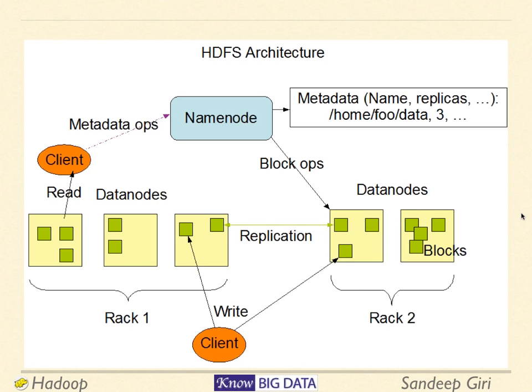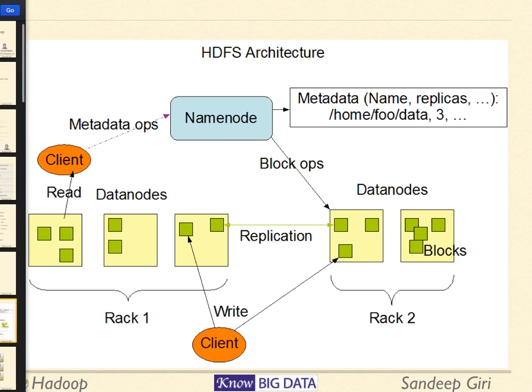That is why it is kept singular, but generally the name node is heavily available. The only problem with the name node is the failover. That is why we maintain the transaction log, and there is something called the secondary name node, and there's a backup node.